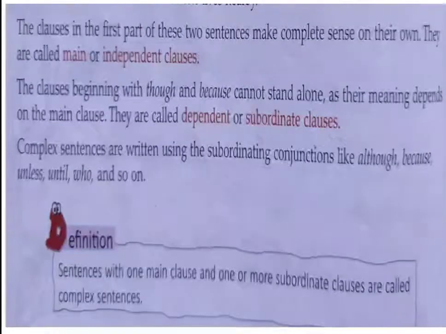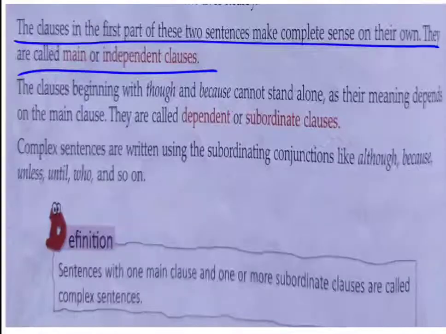The clauses in the first part of these 2 sentences make complete sense. First part means Sudhir goes to school by bus, Pranita walks to school. This much gives complete sense on its own. They are called main or independent clauses.